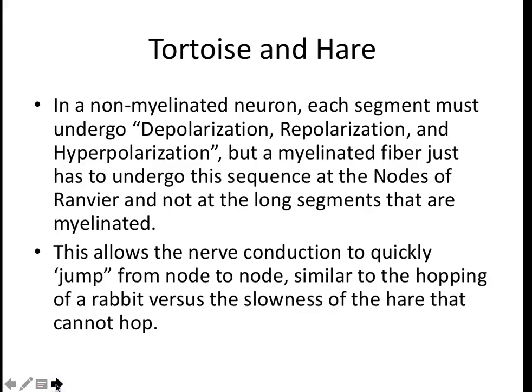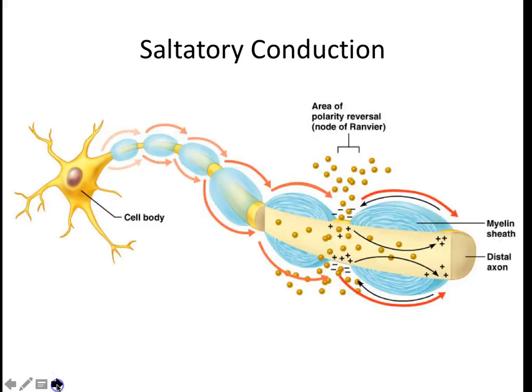Okay, now I'll get to the tortoise and the hare in a second, but let me just show you this one. The blue is the myelin. Why in God's name they have a blue, and I would be saying it was white, but whatever. So the blue is the myelin sheath. Here is the axon.